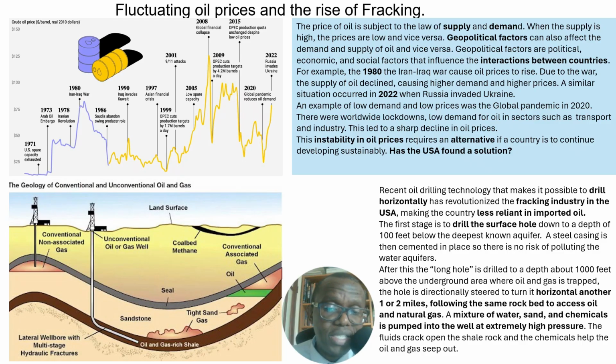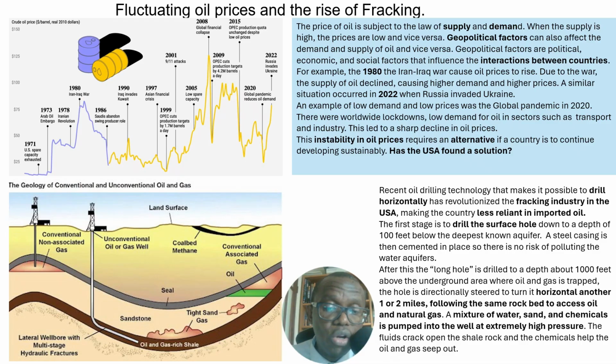So the first stage of fracking is to drill the surface hole down to a depth of 100 feet below the deepest known aquifer, so water source, and then a steel casing is cemented in place so that there is no risk of polluting the water aquifers that are in that particular area.